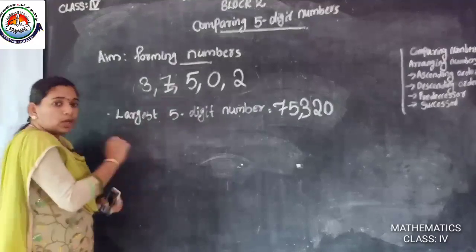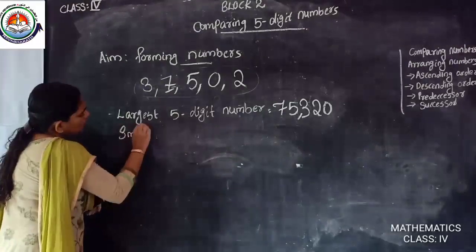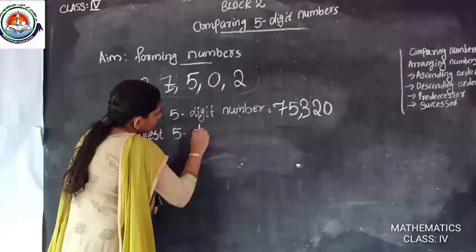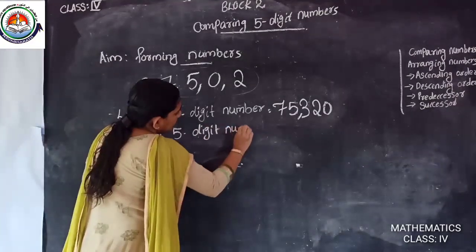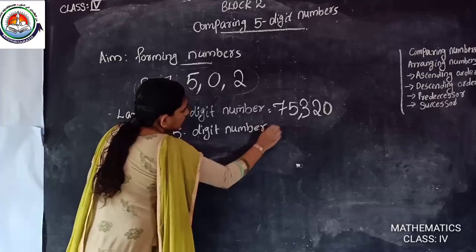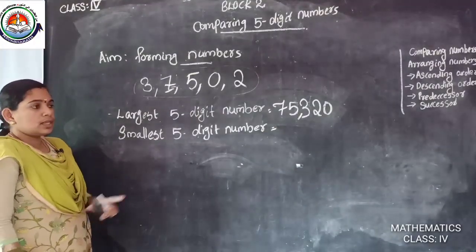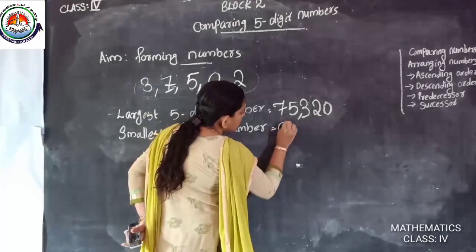75,320. Okay. Then the smallest 5-digit number. How do we write it? Using ascending order. The smallest digit is written first. The smallest here is 0.